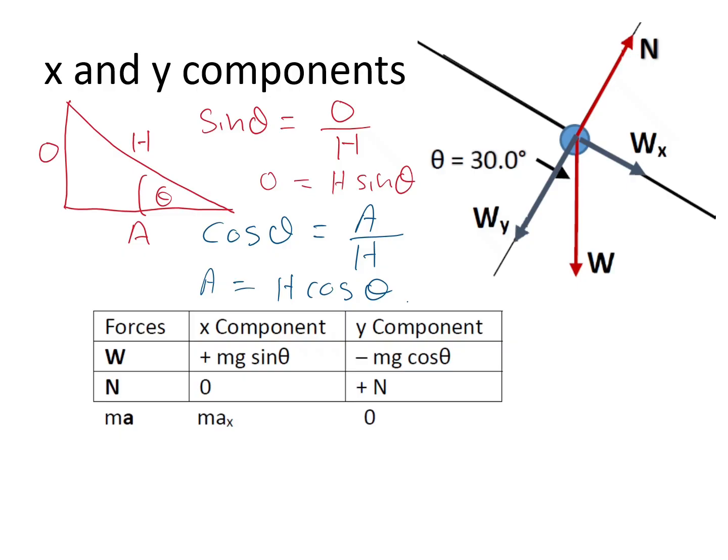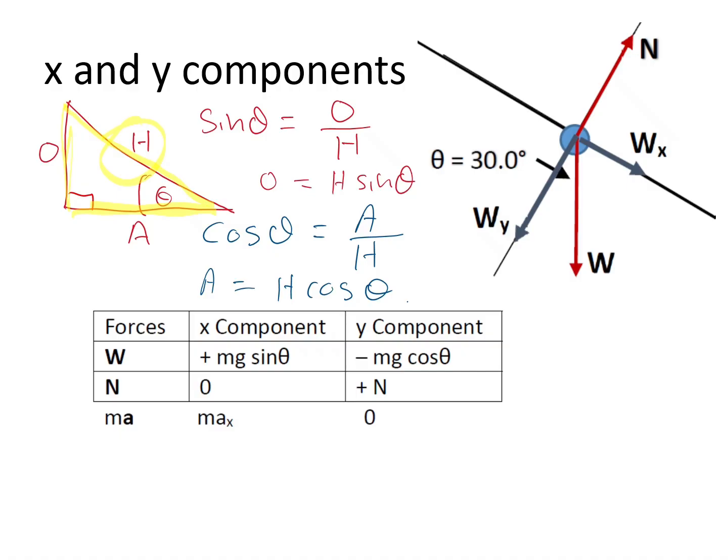Before we talk about calculating the components of the weight force, let me remind you of these trigonometric relationships. If we have a right triangle, and we say this angle is theta, this part is the opposite, this part is the adjacent, and this part right here is the hypotenuse.